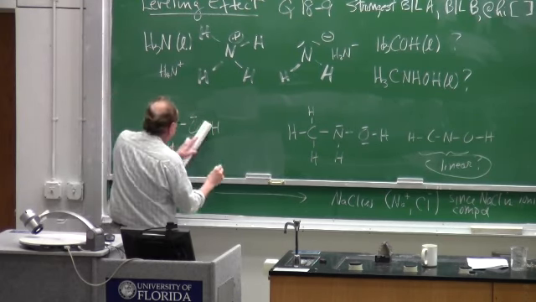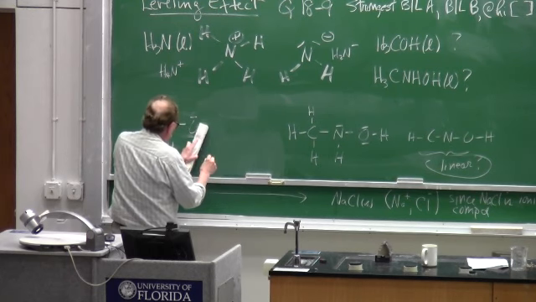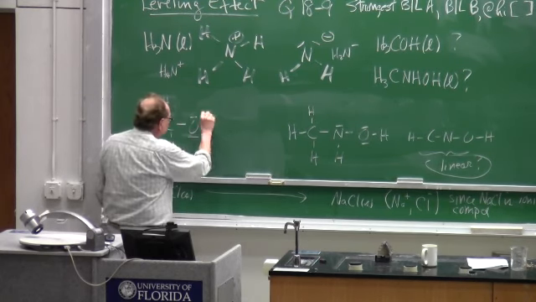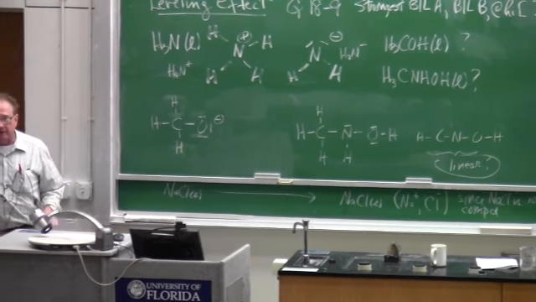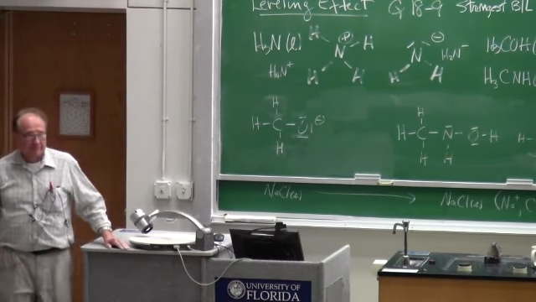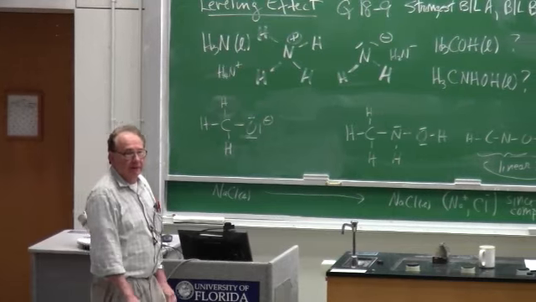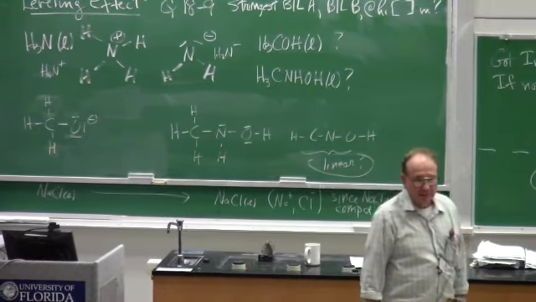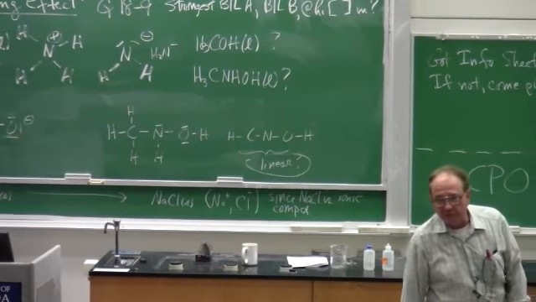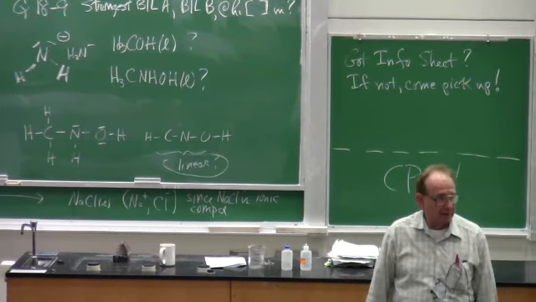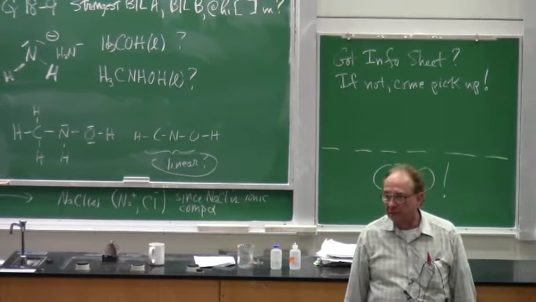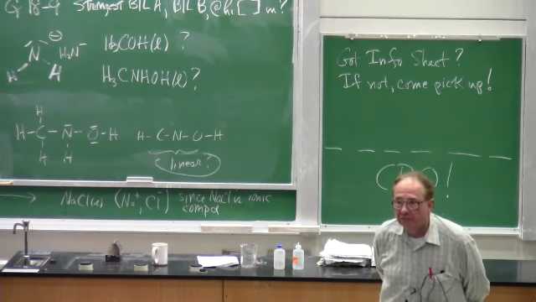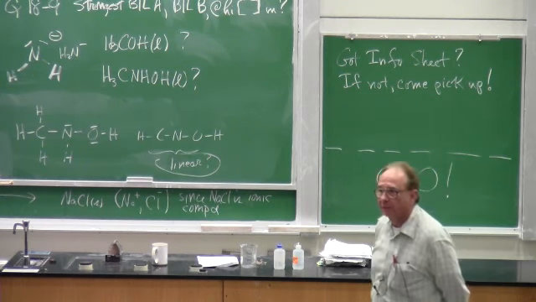On the other hand, if the oxygen-bound hydrogen leaves as H plus, I create this ion. So the answer to the question depends on, is it the case that I will create a minus charge on carbon or oxygen? How do you vote now?